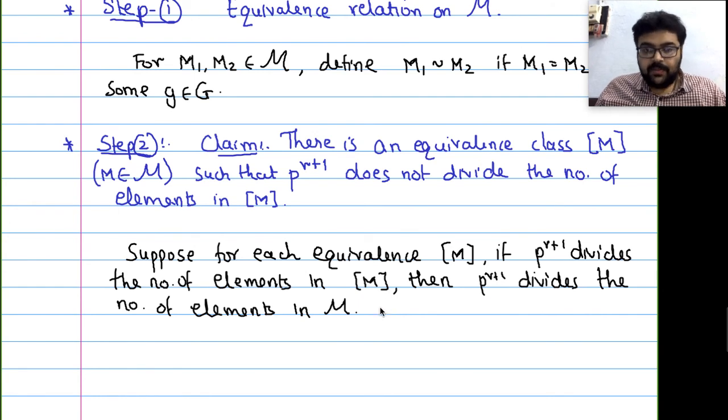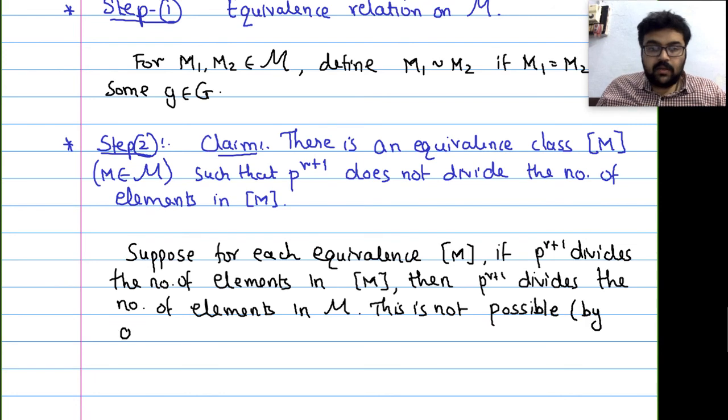not possible. Which is not possible by the above lemma. So that is where the above lemma is used, as discussed in star.